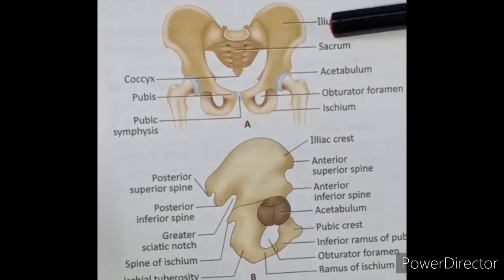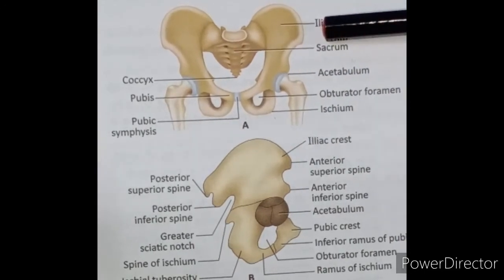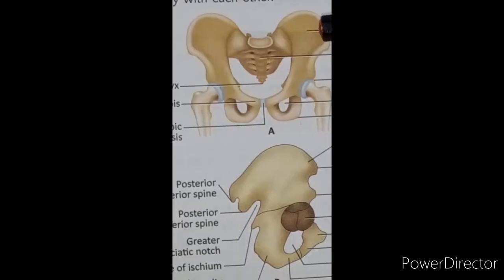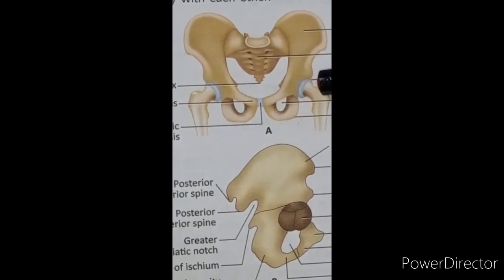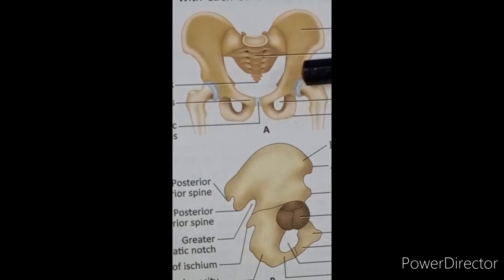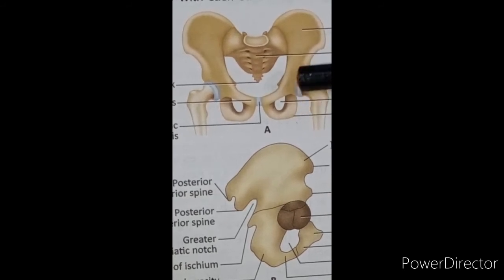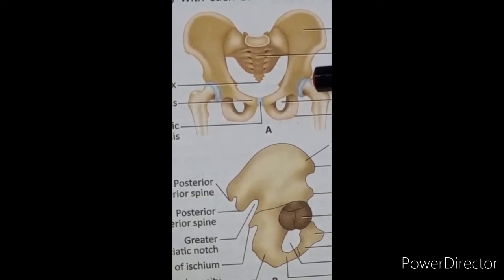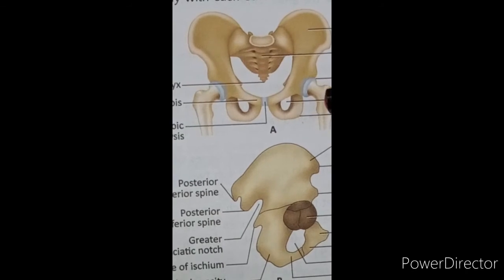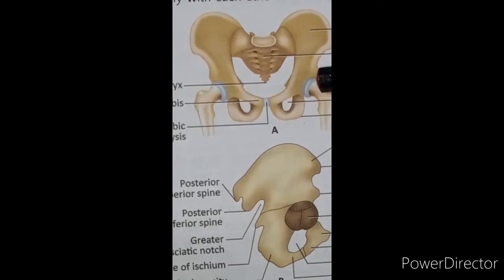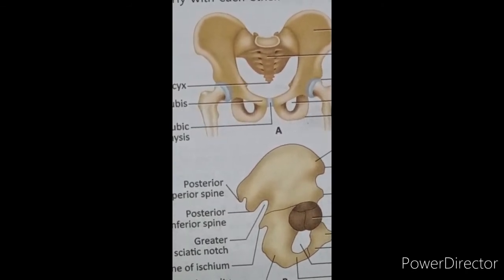So these are the 3 bones of the pelvic girdle. At the junction of these 3 bones is present a depression, shown here with the blue line. This depression is known as the acetabulum, which articulates with the head of the femur, that is the thigh bone.